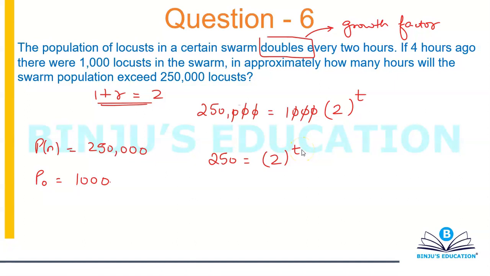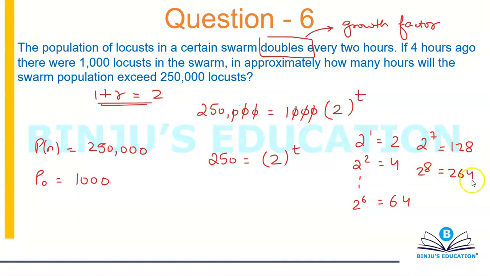Now I can do it in this way, that I know that 2 to the power 1 is 2, 2 squared is 4, I know that 2 to the power 6 is 64, then I just need a couple more. 2 to the power 7 is 128, 2 to the power 8 is 256. So I know that I need a value of t to be approximately 8. It will be something less than 8, but it will be approximately 8.